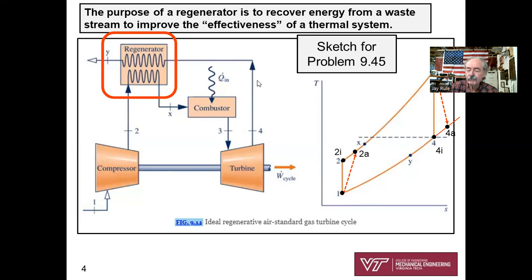But problem 945 is particularly tough because this exhaust gas is coming into a heat exchanger. The hot exhaust gas is cooling down from state 4 to state Y. At the same time, the air coming out of the compressor at state 2 is being heated up to state X. That's the purpose of a regenerator: to recover energy from a hot waste stream, and that improves the effectiveness of the overall thermal system.